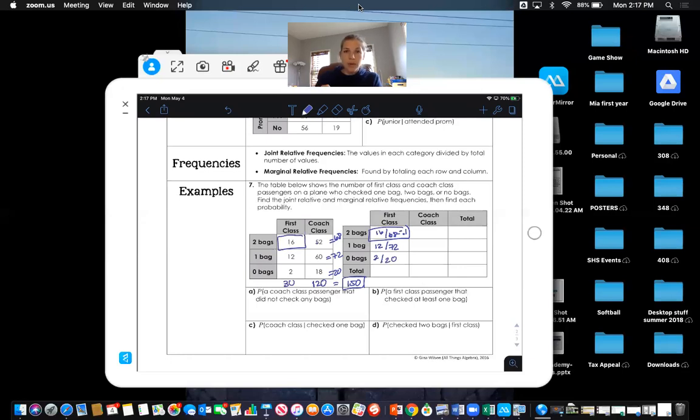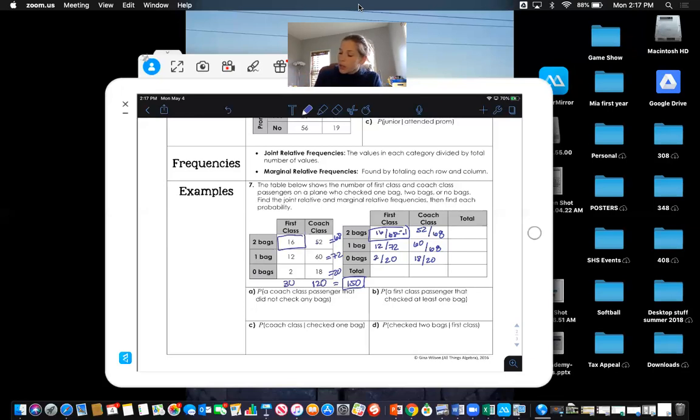And again, I would get those in decimal formats. For coach class, there were 52 out of the 68 people. For 2 bags, 1 bag was 60 out of the 68, and 0 bags was 18 out of the 20. So grand total, this should be looking at your percentages, and you would add them up. We'll look at those a little bit later.